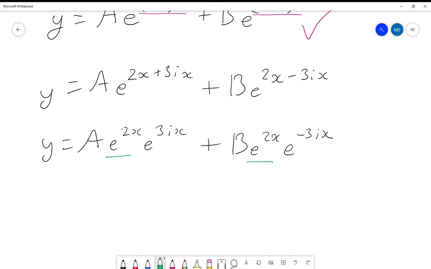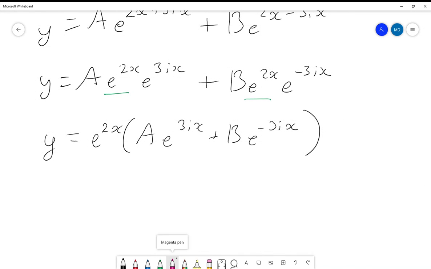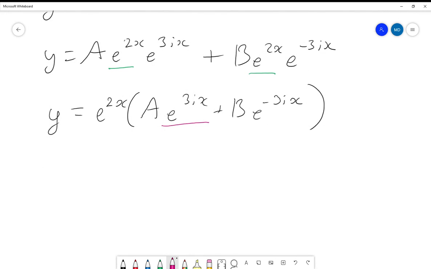So we're going to factor that out, and we get y is equal to e to the 2x multiplied by a e to the 3ix plus b e to the minus 3ix. But this should be familiar. This here is just a complex number in exponential form, and it's a complex number with magnitude 1, modulus of 1.